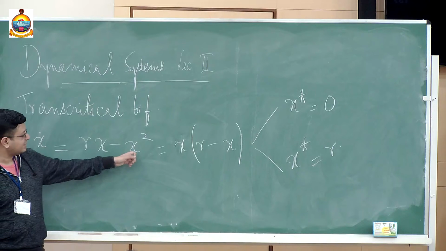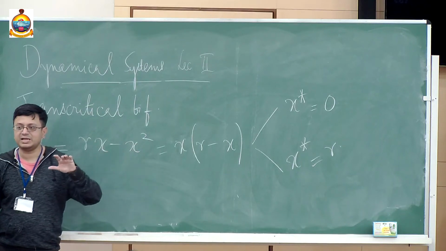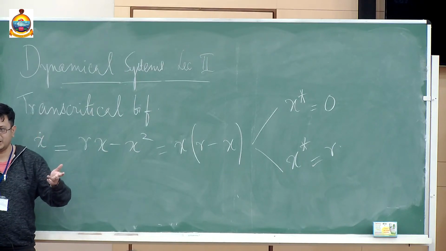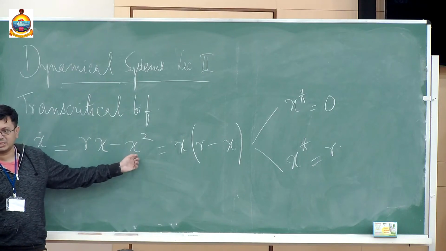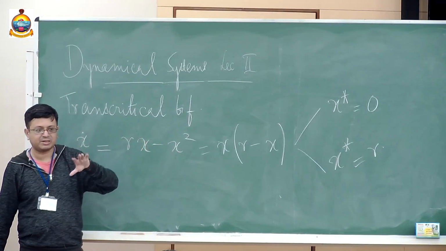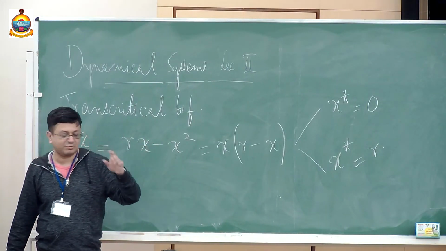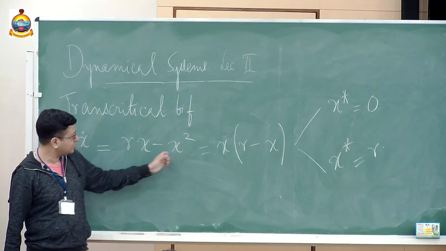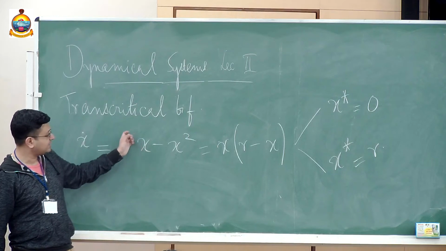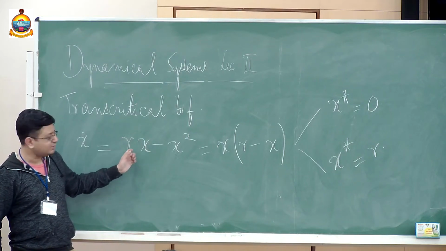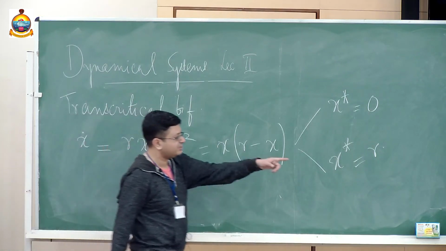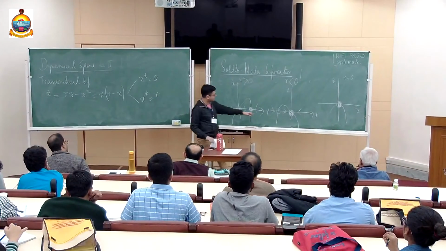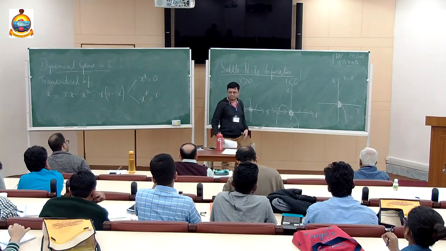So what you say is that on the right hand side, if I had written down a general polynomial, this is not the first term that I would have had. First term would have been a constant that could be gotten rid of, and this would have been the leading term, and this would be the second term. So what you then do is that you take this to be a small parameter, and you show that a half stable fixed point emerges out of coalescence of two stable and unstable fixed points.